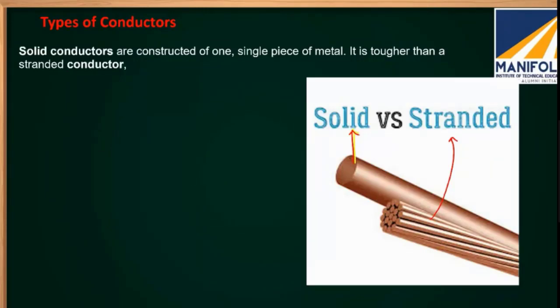Whereas stranded conductors are formed by, how they are formed? The material is divided into thin strands, and these strands are spiraled in opposite direction so that they get the binding effect. So this binding effect will give you what?